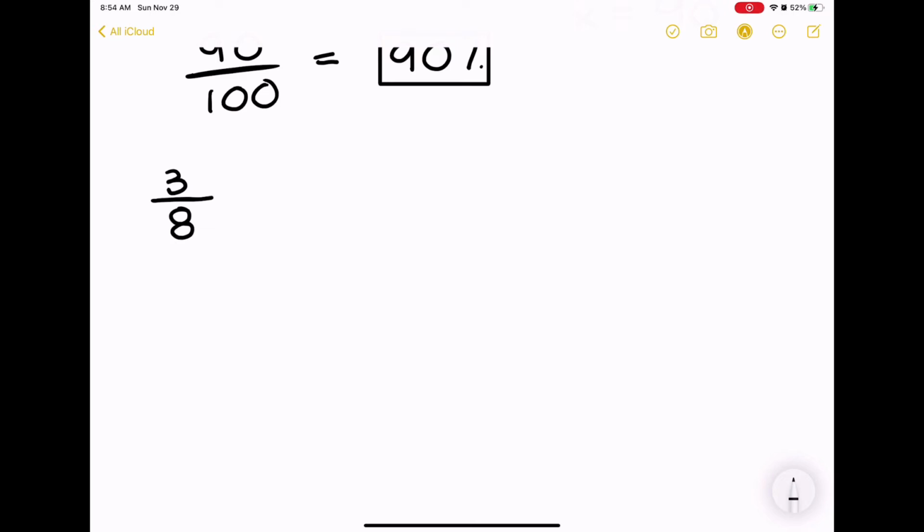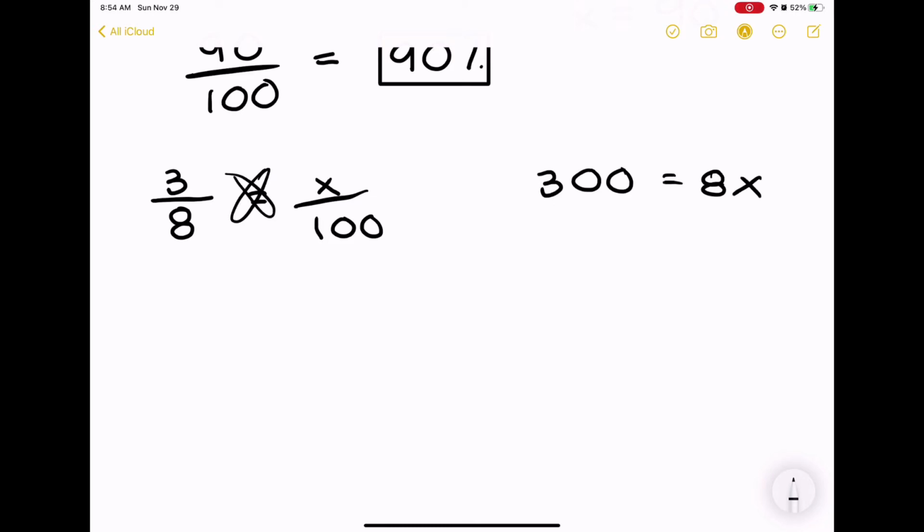But now let's go into numbers that don't necessarily go into 100, like 8. So we will use cross multiplication. We'll get 300 is equal to 8x, and we divide by 8 on both sides. Now, you will get a decimal in the answer, but that's still okay because you can have a decimal or even a fraction in your percentage.